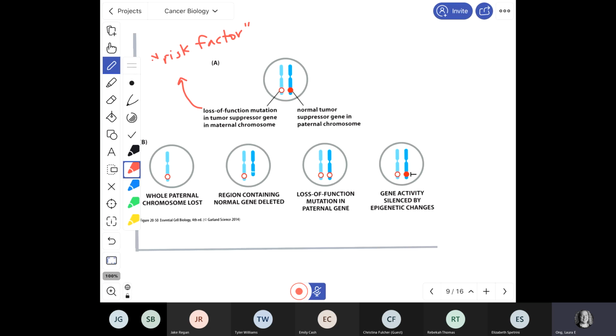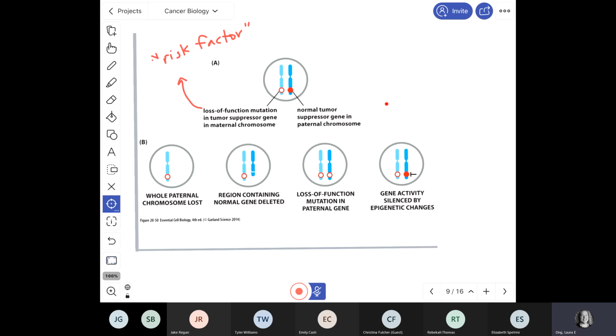So this situation is kind of halfway to losing a tumor suppressor gene. They've still got one good copy that's taken up the slack for the bad copy. But anything that happens to the remaining normal copy of that gene to cause it to be lost can result in loss of tumor suppressor function.